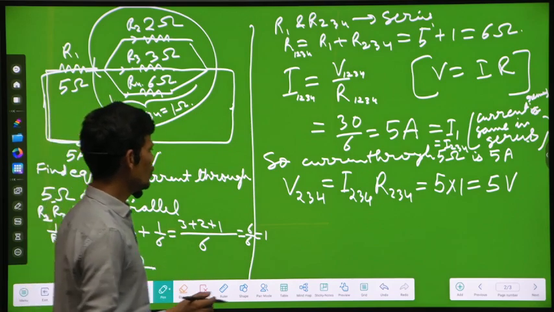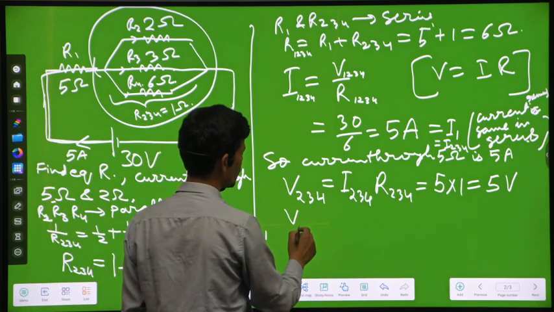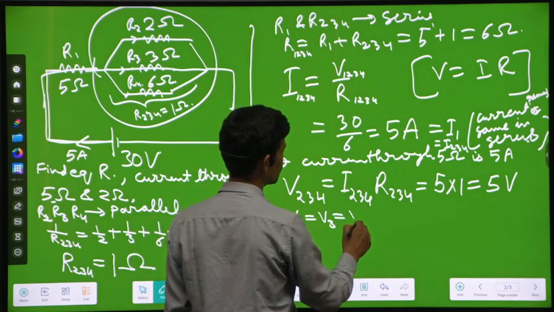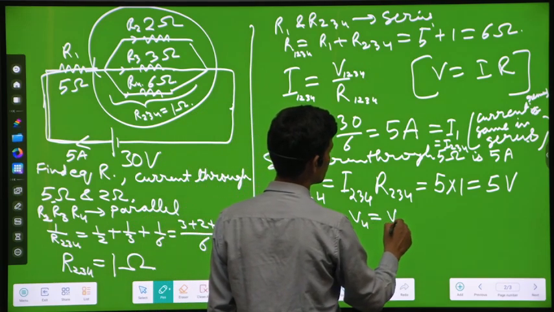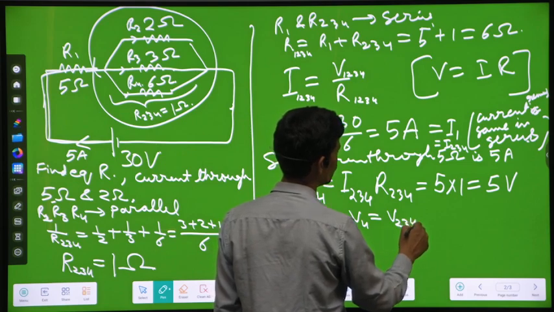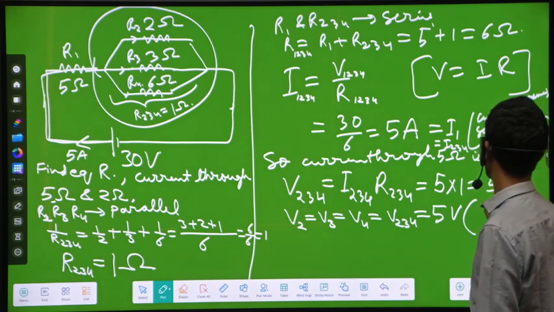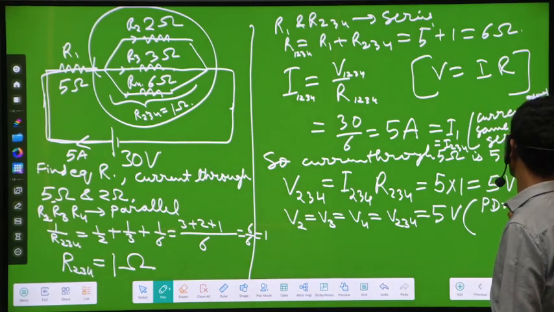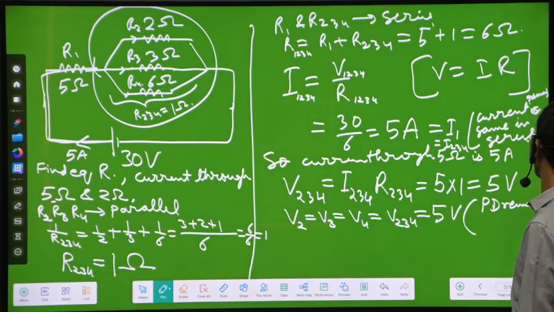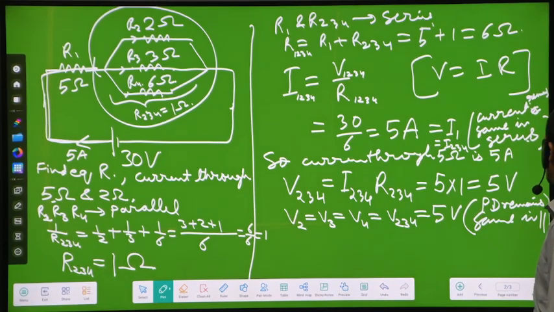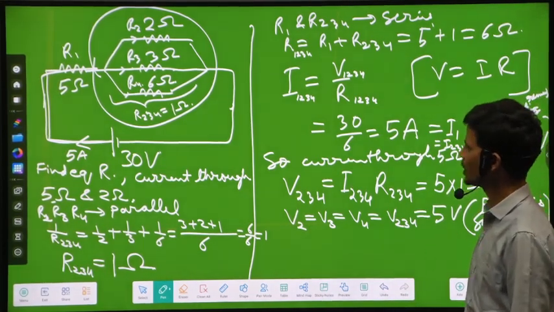And now we know that potential difference remains the same in parallel. So V2 is equal to V3 is equal to V4, which is equal to V234. That's all.